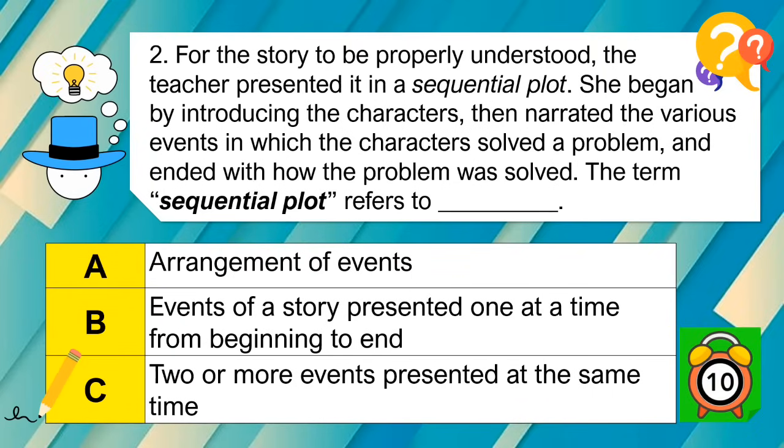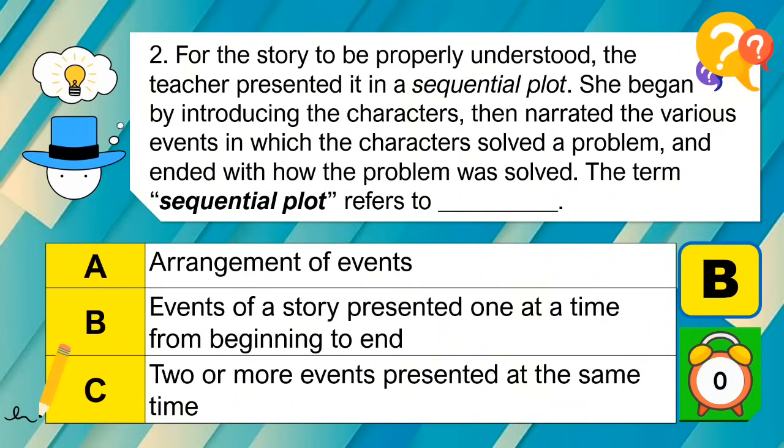The term sequential plot refers to blank. The correct answer is B. Sequential plot refers to events of a story presented one at a time from beginning to end.